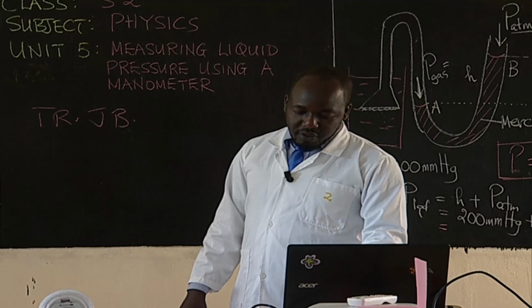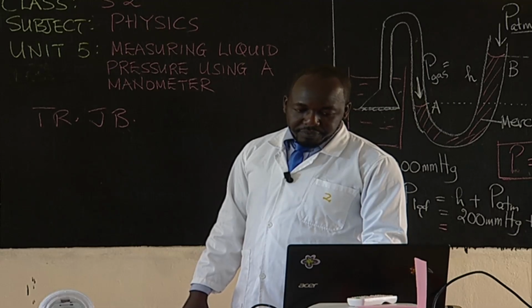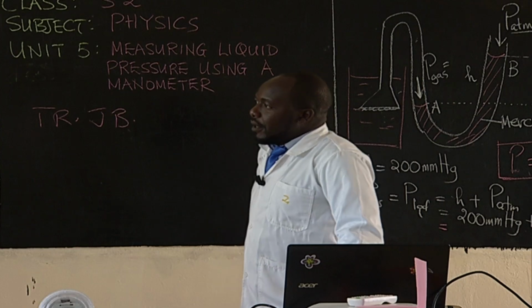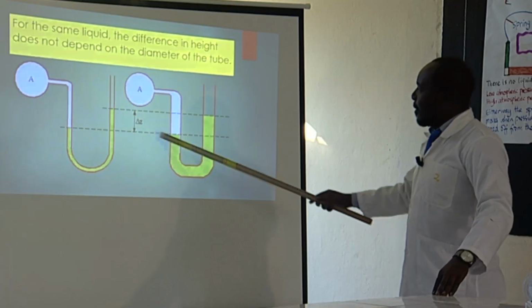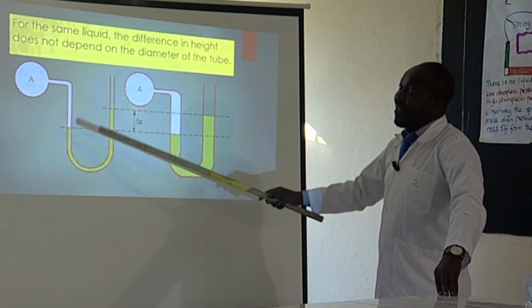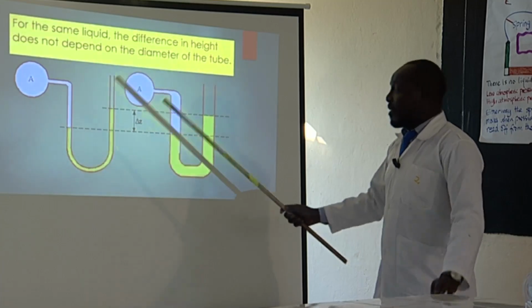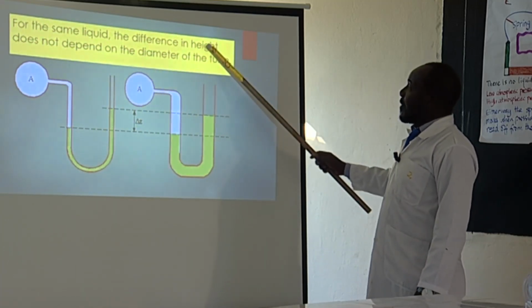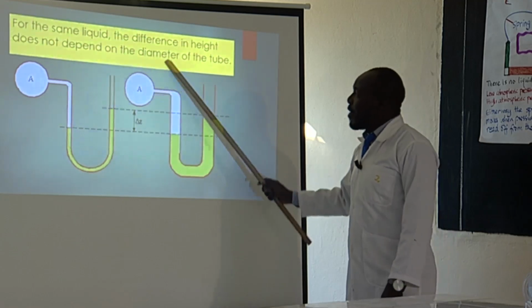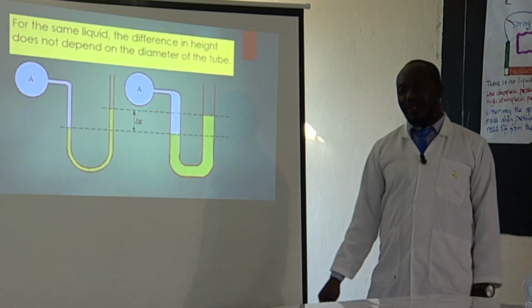Okay, we want to look at another factor. For the same liquid, that is the manometric liquid, same. You can see the colors are the same, unlike the other one, where the colors were different. So for the same liquid, the difference in height does not depend on the diameter of the tube.